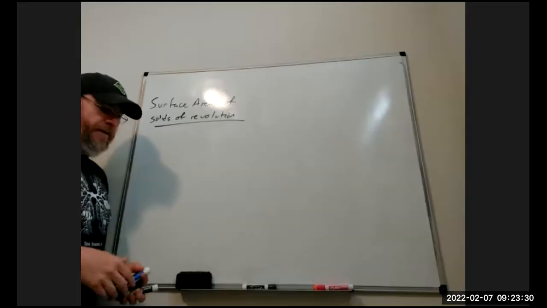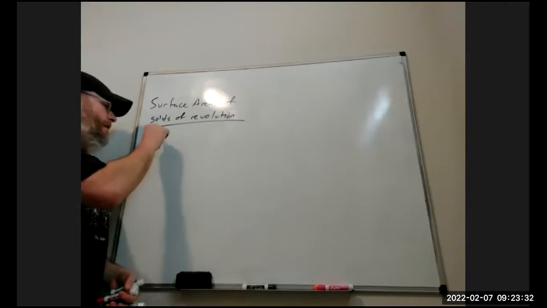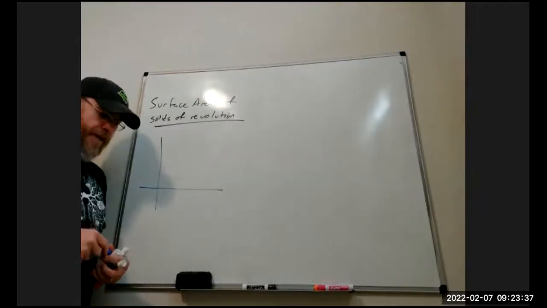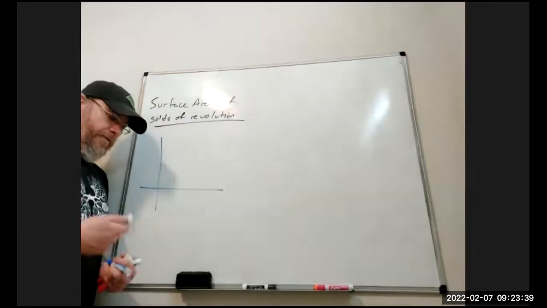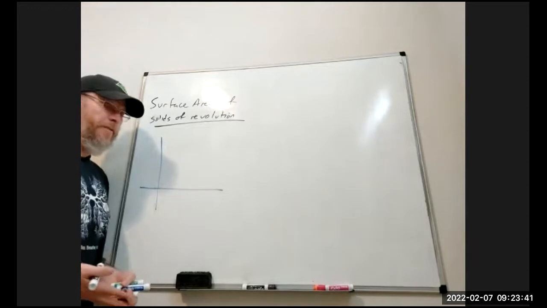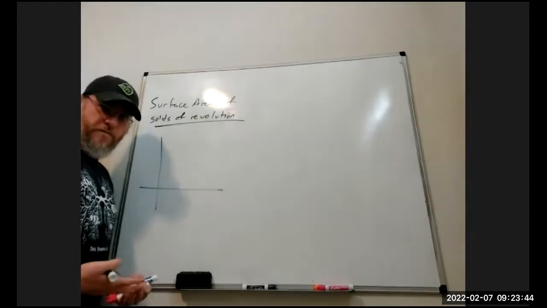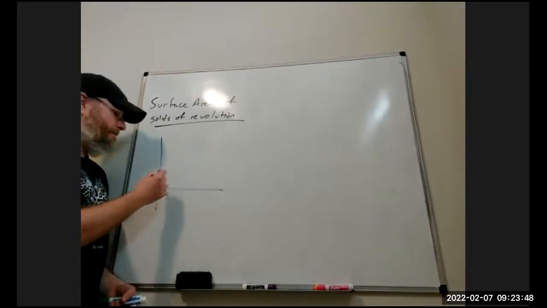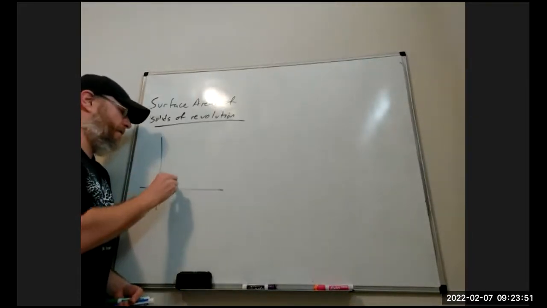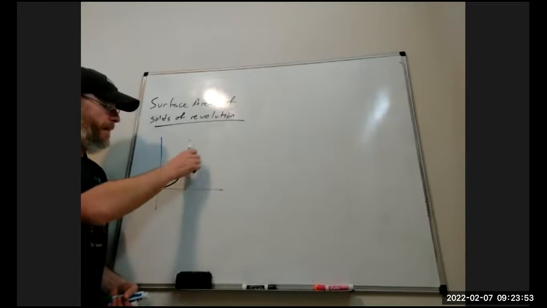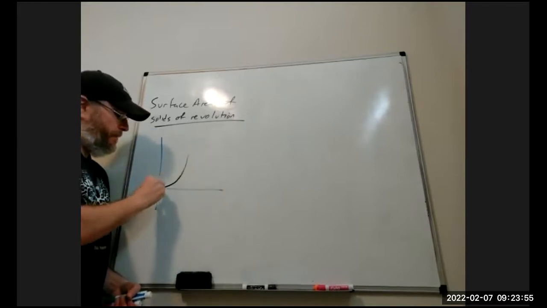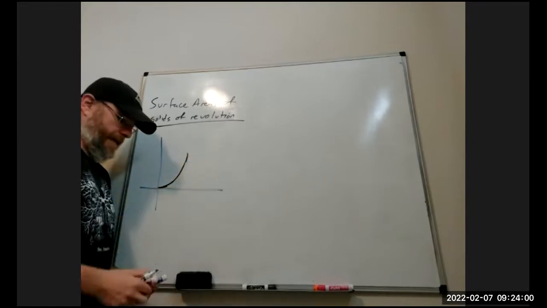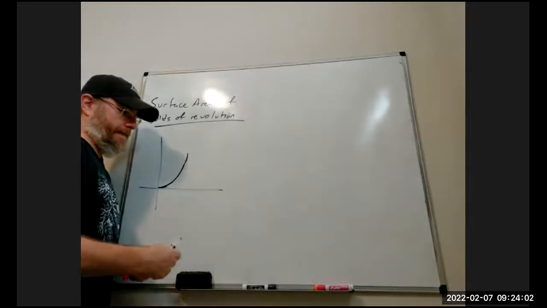All right, so basically what we're doing is we're taking something and rotating it and now looking for the surface area. So think about when we were doing this before and we were finding the volumes of these shapes. Now we're finding the surface areas. So again, let's just take y equals x squared because it's a really useful guy. Let's say that this is y equals x squared and we're going from (0, 0) to (1, 1), but we're going to rotate it about the x-axis.